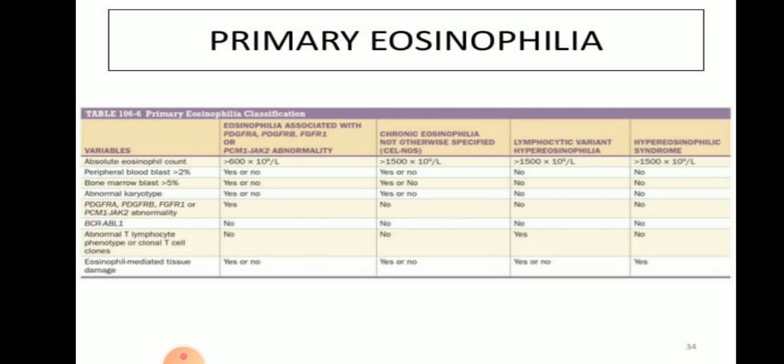Absolute eosinophil count is greater than 600 per microliter of blood in eosinophilia associated with platelet-derived growth factor receptor AB variety, and in other varieties of primary eosinophilia, absolute eosinophil count is greater than 1500 per microliter of blood.